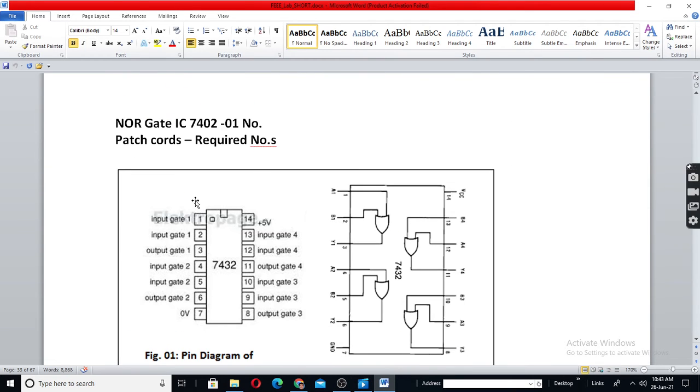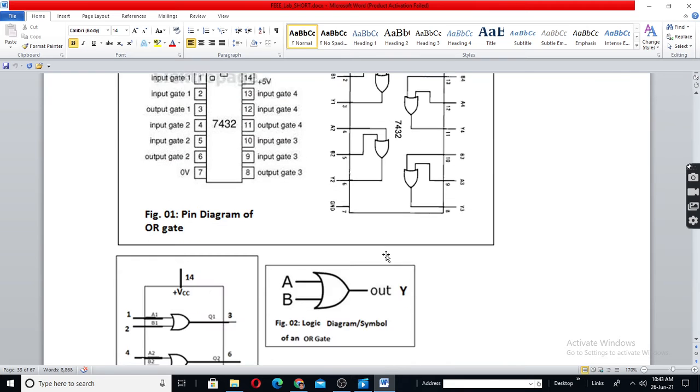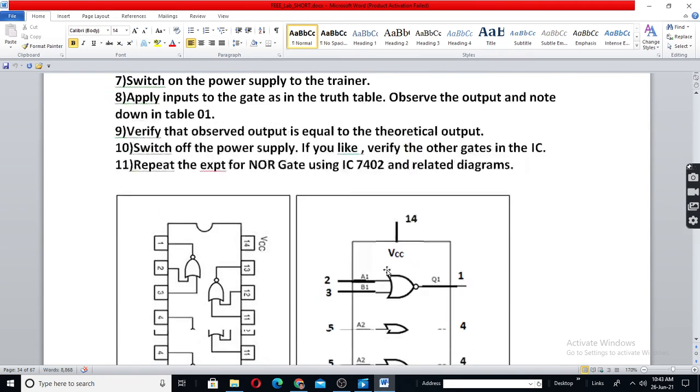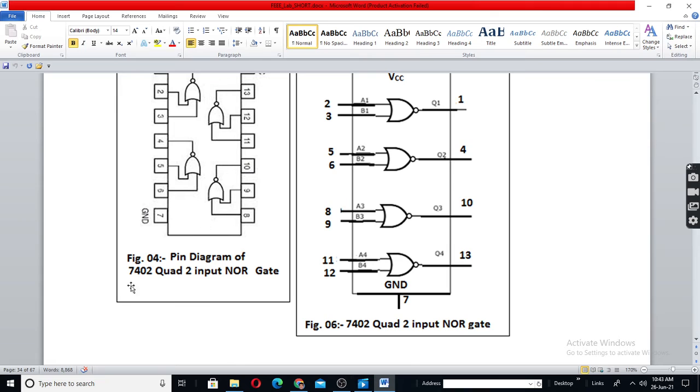See here, it is downward. NOR 7402 is upward. Why they have manufactured differently is mostly because of comfort, and it becomes cheaper or the size gets smaller. Maybe, exactly, I don't know. Anyhow, you should know the pin configuration properly.